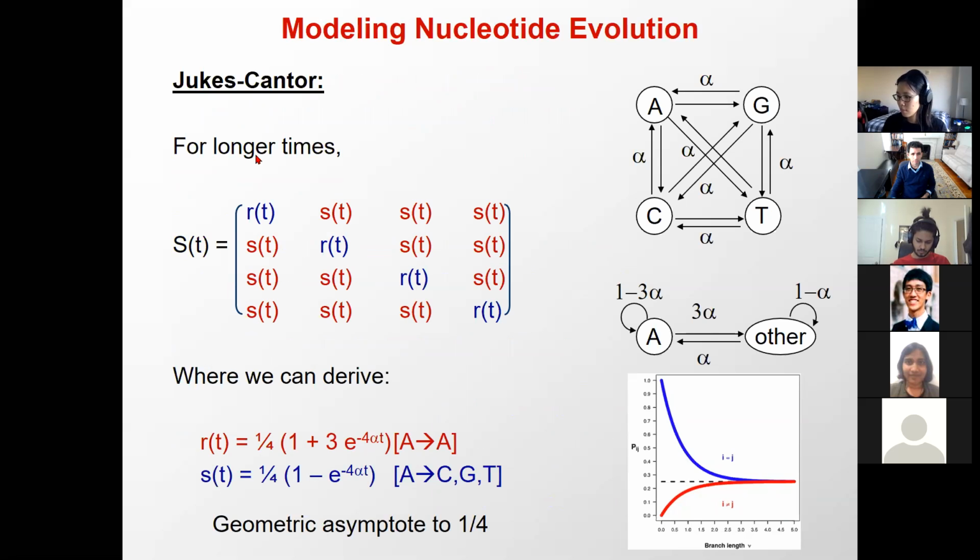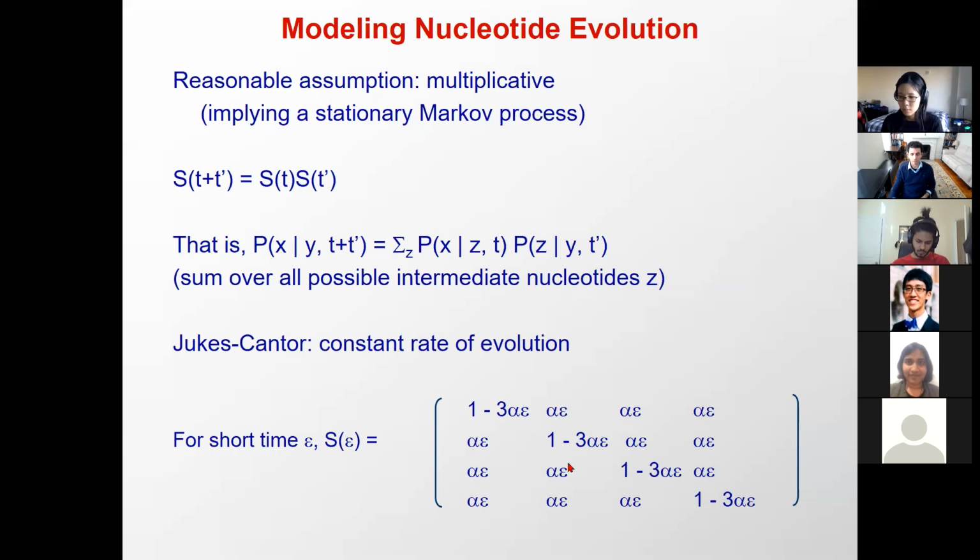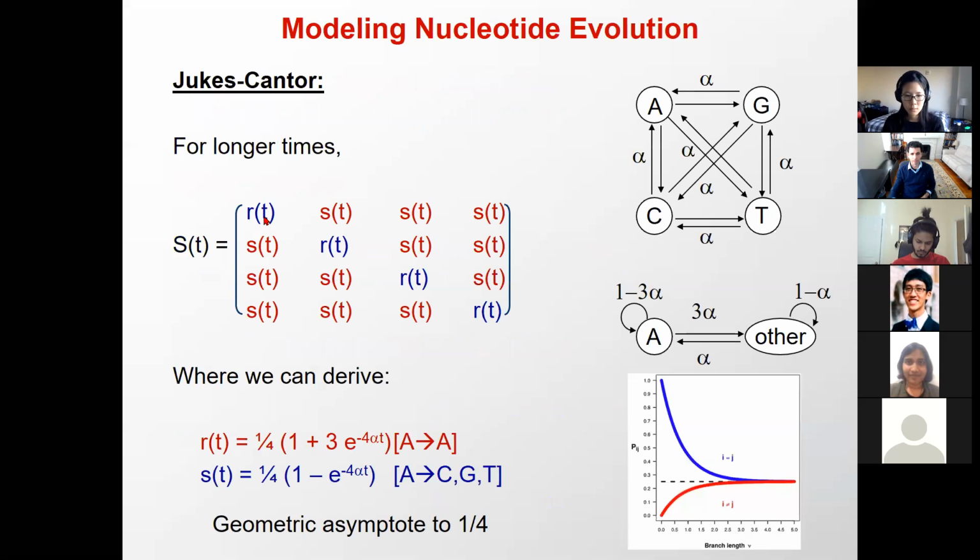So for longer times, we can basically say that, wow, now there are back mutations. So basically the rate at which I stay the same versus the rate at which I'm changing to another nucleotide is going to be driven by this matrix, which I can now represent as collapsing C, G, and T as this 1 minus 3 alpha of staying the same, 3 alpha of being another, and then 1 minus alpha of staying where I am, and another alpha of coming back.